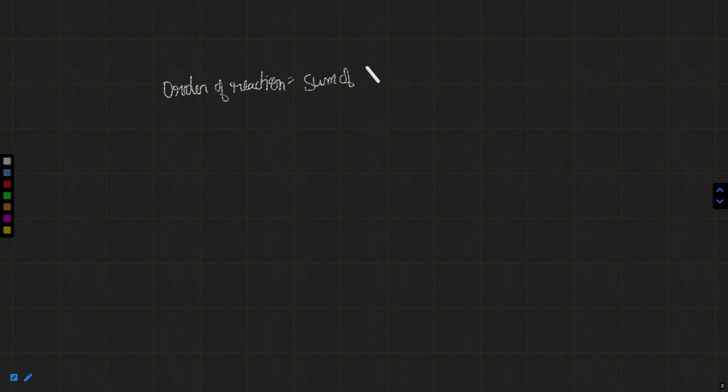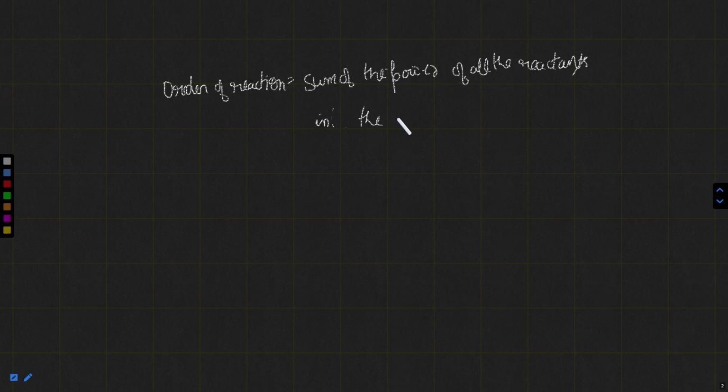The overall order of reaction is nothing but the sum of the powers of all the reactants in the rate expression.